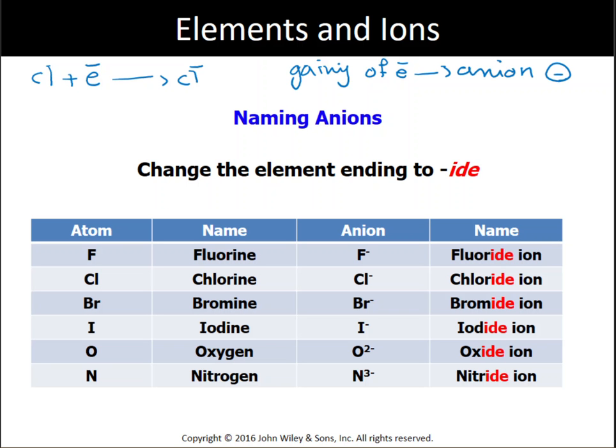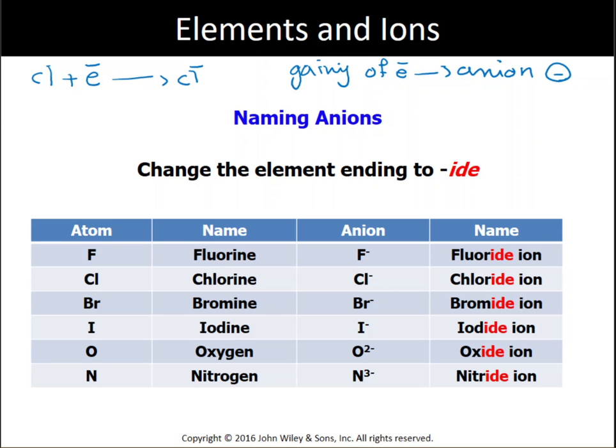So naming the anions is different than naming of the cations. For anions, in order to name them, you use the stem of the nonmetal name followed by IDE. So fluorine as an anion becomes fluoride.